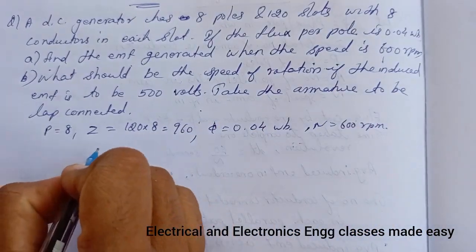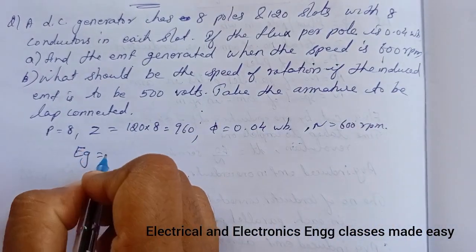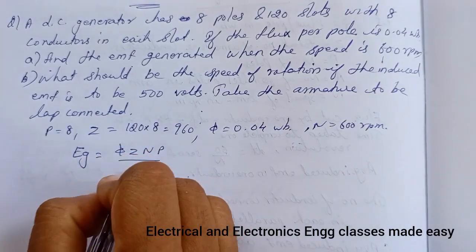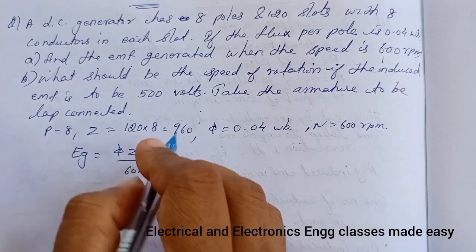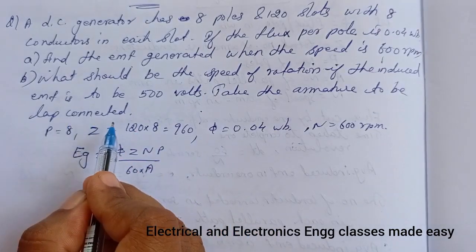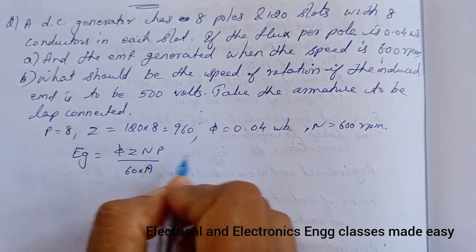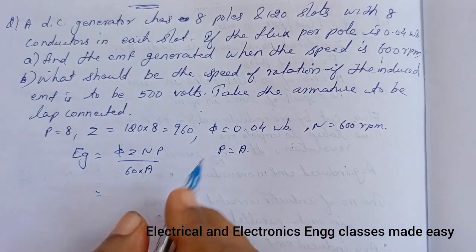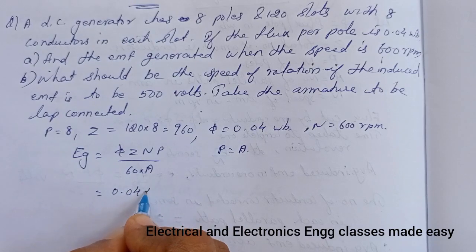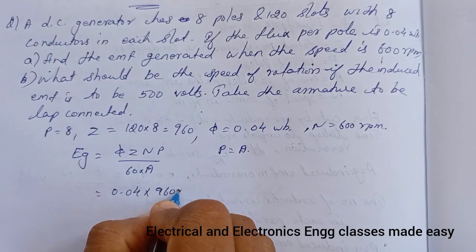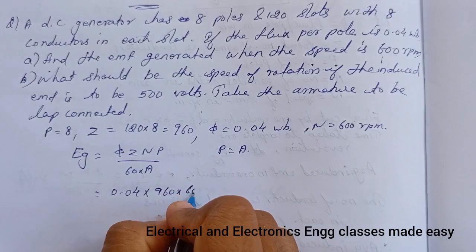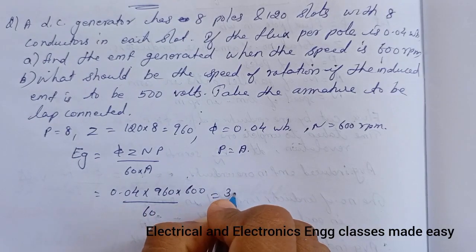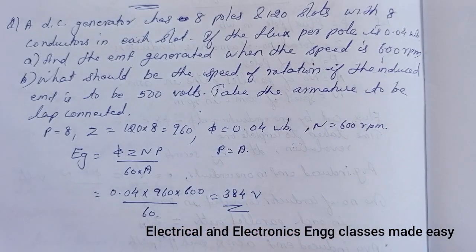Then we have to find the generated EMF, that is EG is equal to phi Z N P divided by 60 into A, and it is given that it is lap connected, so P equals A. That is equal to 0.04 into 960 into 600 divided by 60, and we get 384 volts.